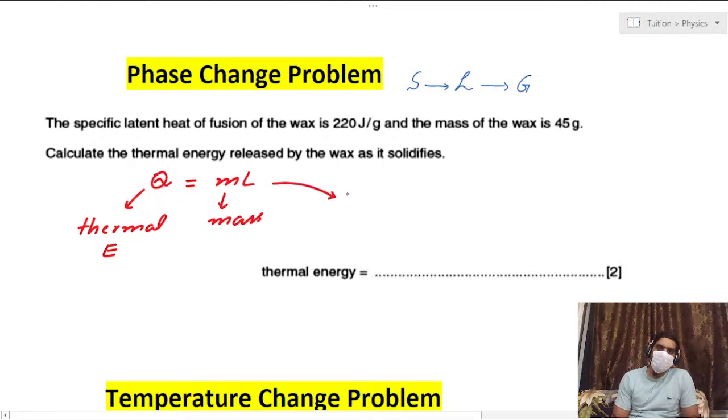And L stands for the latent heat, specific latent heat. It might be specific latent heat of fusion, or specific latent heat of vaporization, depending on the question. Like in this case, it says the specific latent heat of fusion. So you can write f, small f in the subscript if you want, just for reference. Otherwise, it's fine. Even if you don't write it, that would be fine as well.